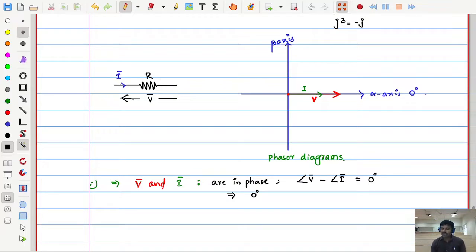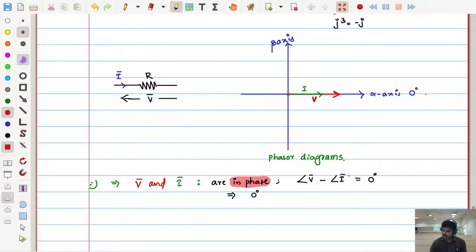It is 0. That is what we call in phase. This terminology is very important; I use it very frequently. In phase means the phase angular difference from the voltage to the current is 0.